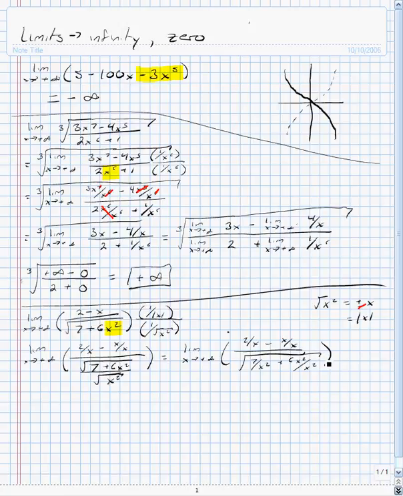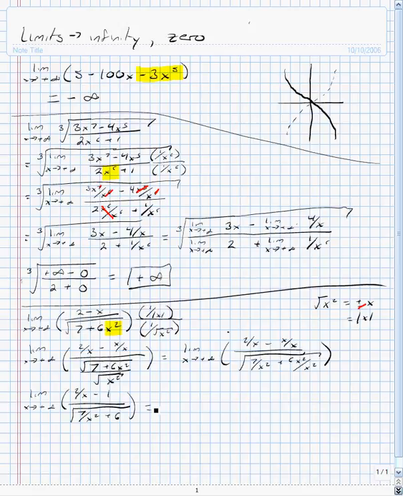Close that up. Okay, and now let's simplify our fractions. So we have the limit as x approaches positive infinity of 2 over x minus 1 over the square root of 7 over x squared plus 6.